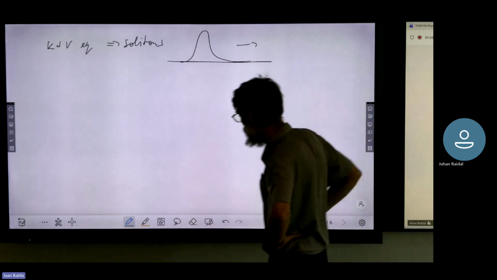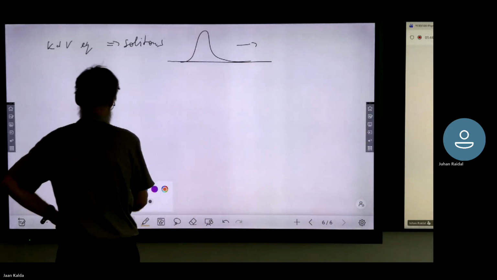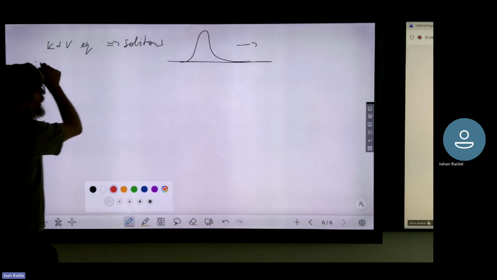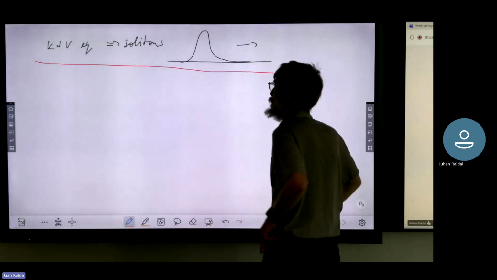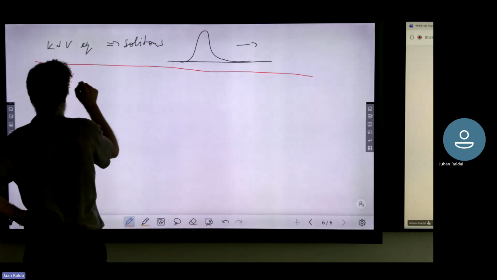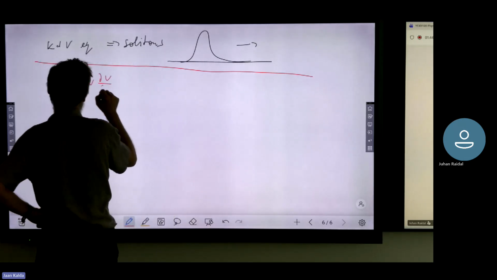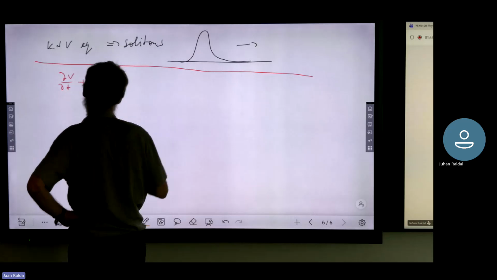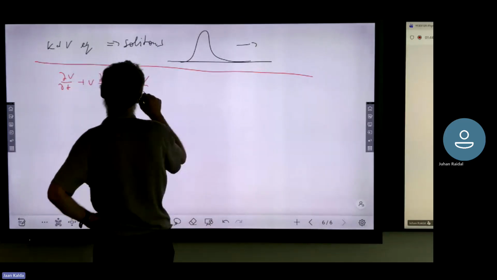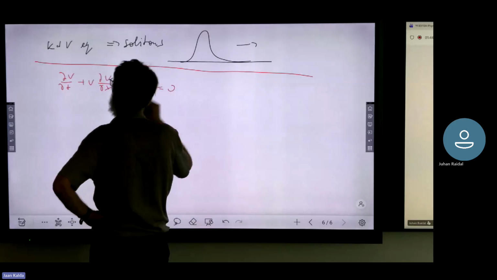Our equation is now dv over dt plus v dv over dx plus d cube v over dx cube equal to 0.